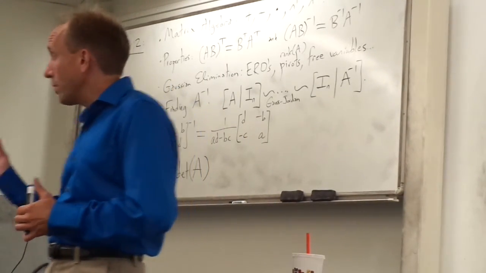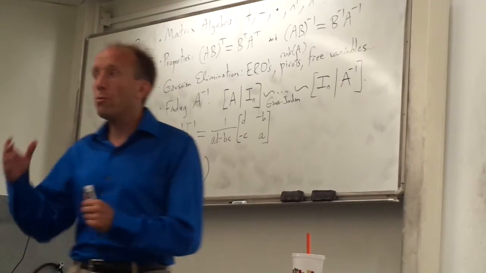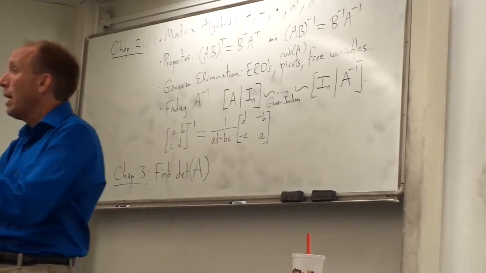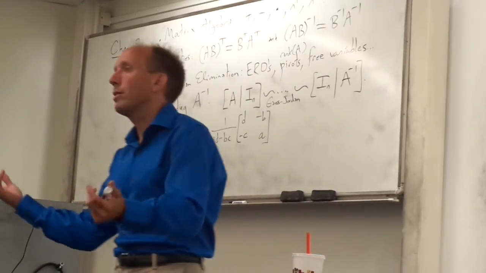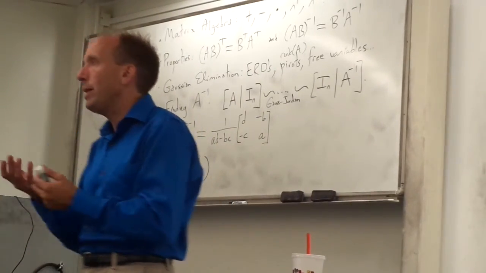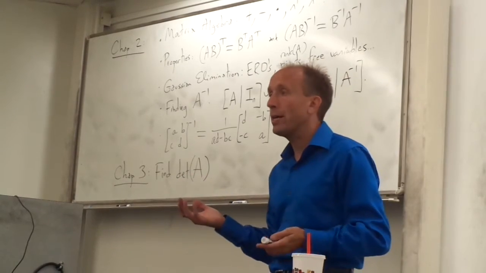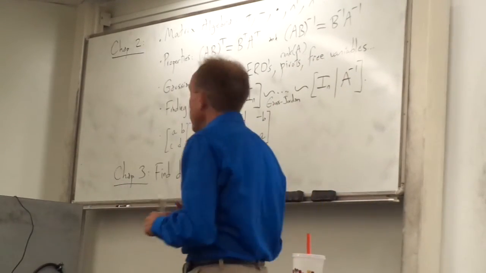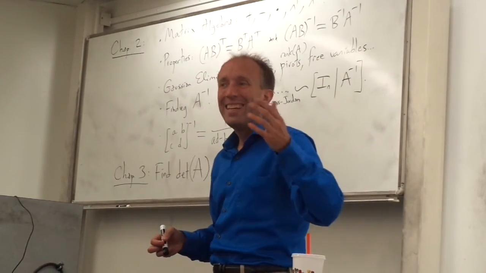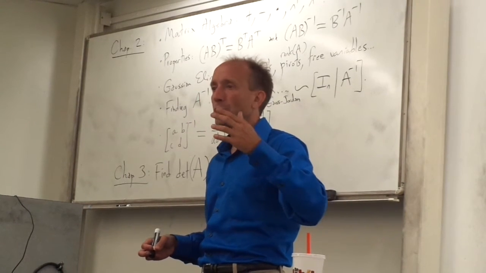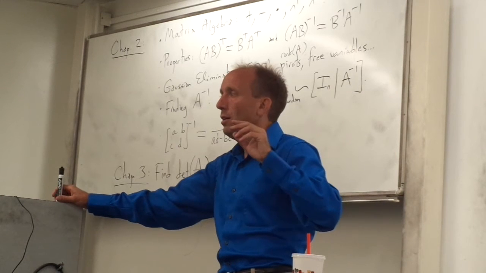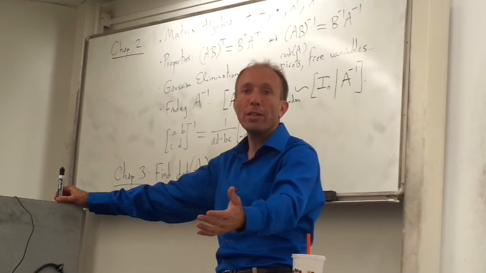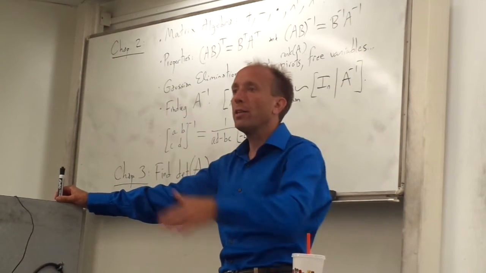And then the other thing we can do is row reduce the matrix and get some zeros into it, so that your matrix has a simple cofactor expansion. Or possibly, remember, if the matrix is upper triangular, how do you calculate the determinant? You just multiply the diagonal entries, and that's it.